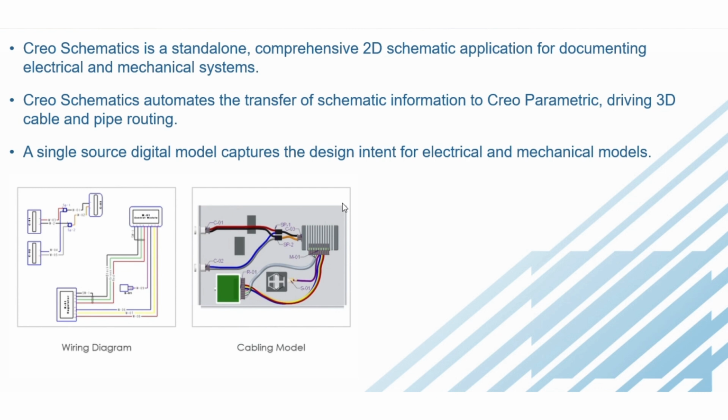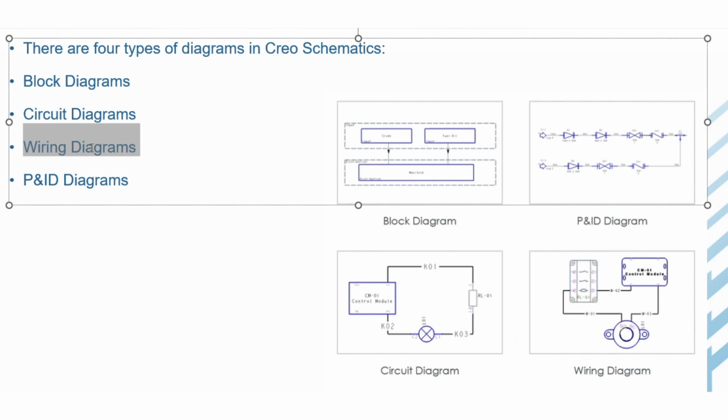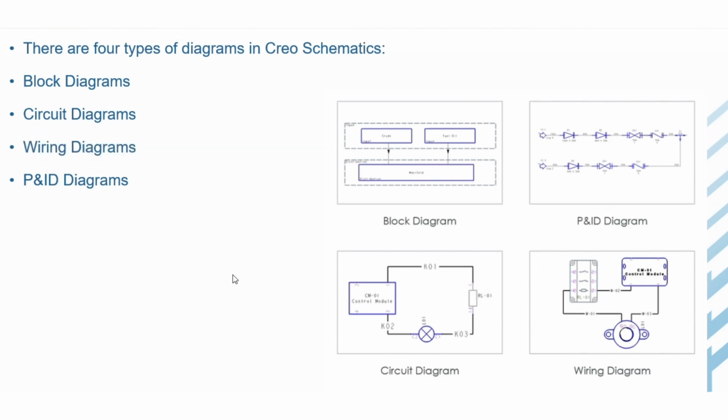So basically, what we can do here is create block diagrams, circuit diagrams, wiring diagrams, and PNID diagrams, which is related to the piping. In this session, we will be focusing on wiring diagrams, which will be converted to an XML file, which then will be utilized in Creo Cabling for auto routing.